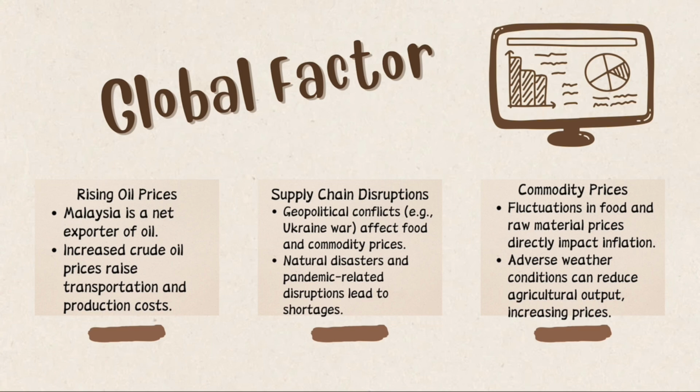And lastly, commodity price fluctuations. Changes in the price of food and raw materials driven by global factors like weather anomalies and climate change directly contribute to inflation. For instance, droughts or floods can reduce agricultural output and push up food prices. As food and raw materials form the backbone of many industries, this ripple effect causes inflation across the economy.